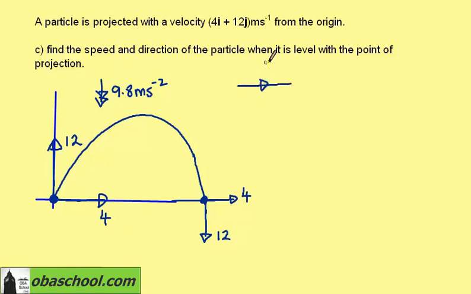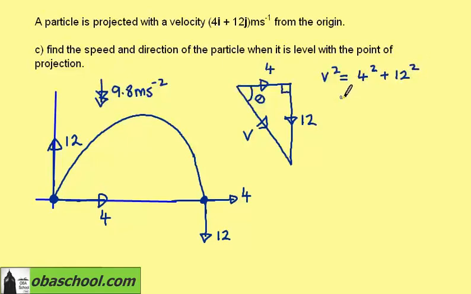So if we look at this, the direction is 4 across and 12 down. The hypotenuse of this right-angled triangle will give me the speed of the particle, and the direction will be given by the angle theta. v squared is equal to 4 squared plus 12 squared, which is 16 plus 144, which is equal to 160.